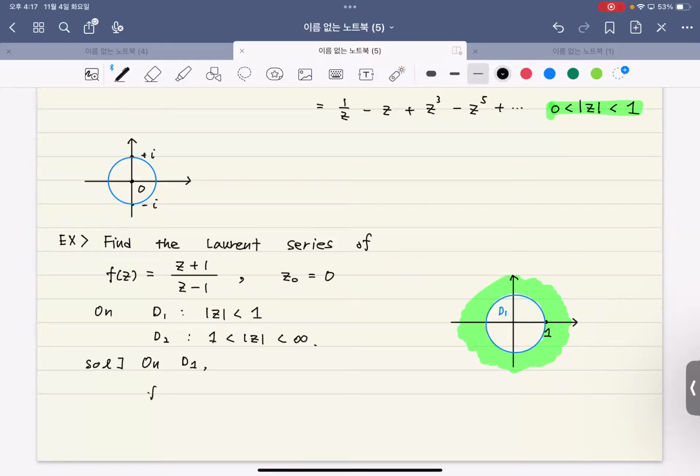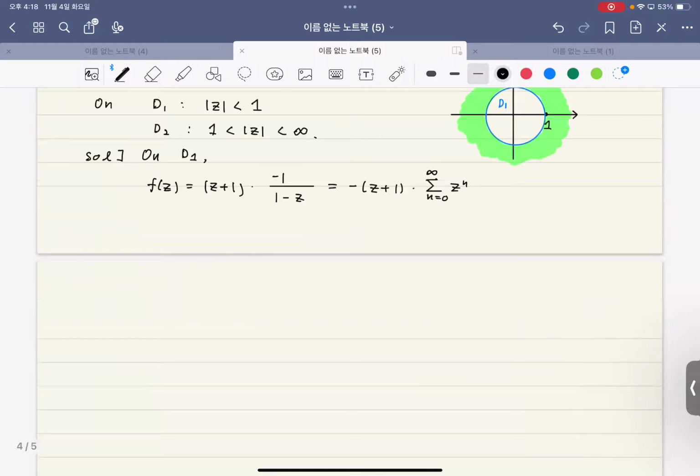So f of z is z plus 1 times 1 over z minus 1. So this is minus, so allow me to change this guy like this. And so this is z plus 1 times minus the sum of z to the n from 0 to infinity.